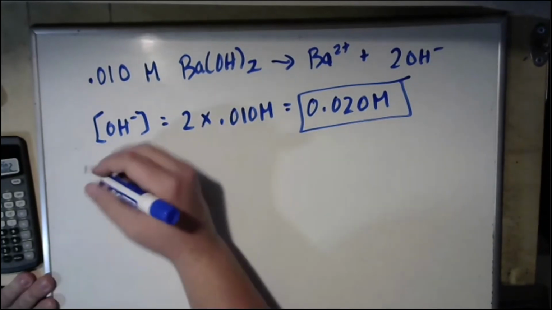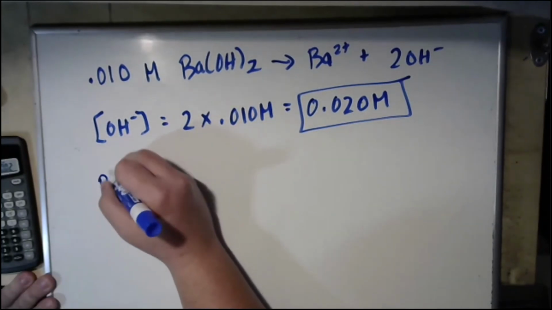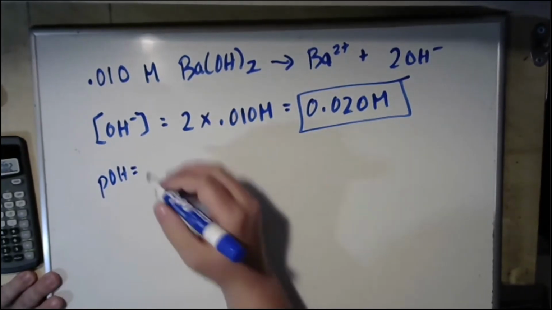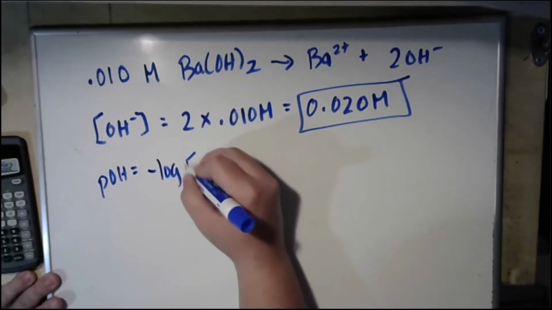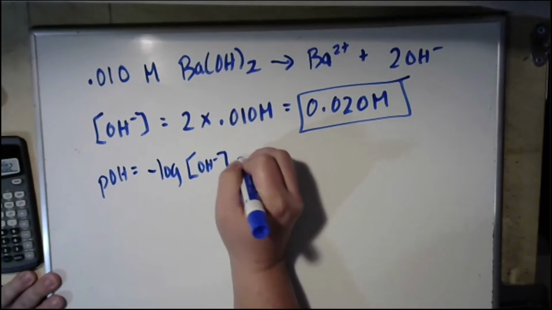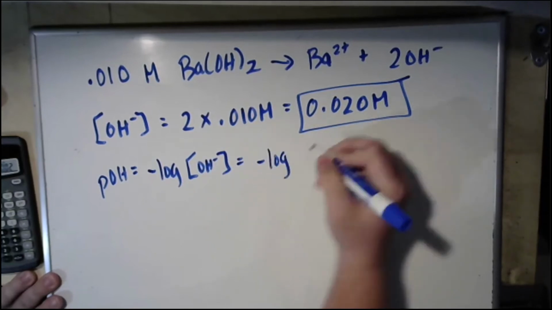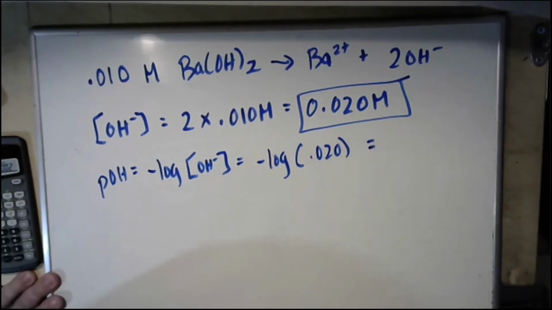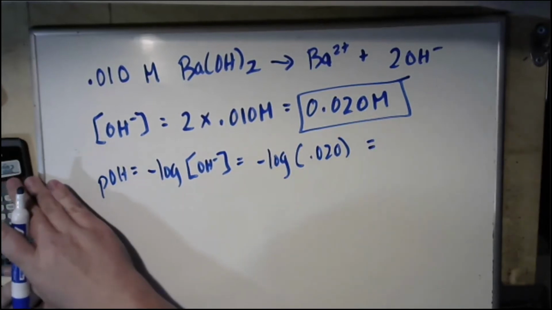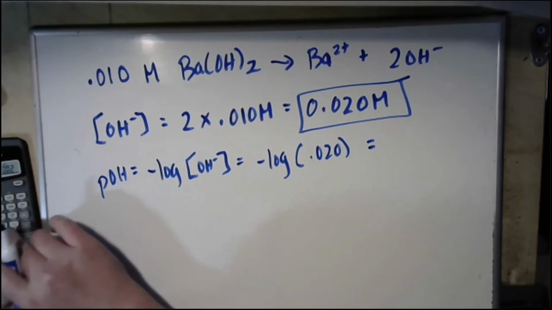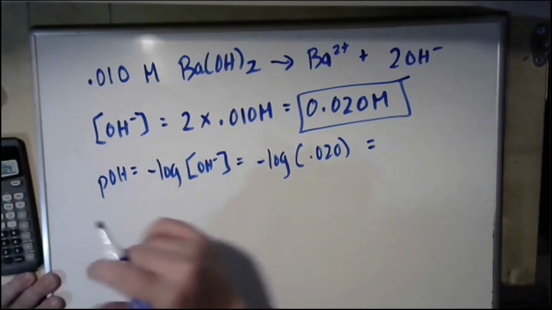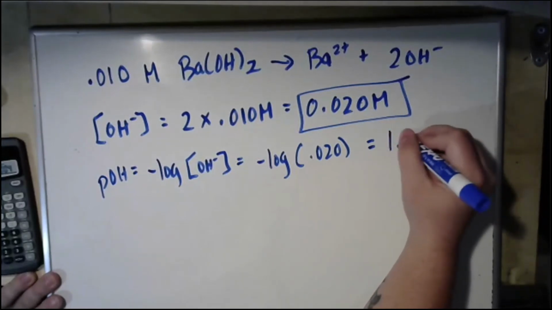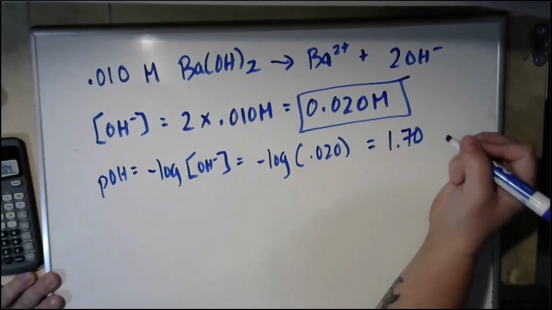So I'm going to find the pOH from this value, which will be the negative log of my OH minus, which is going to be 1.70.